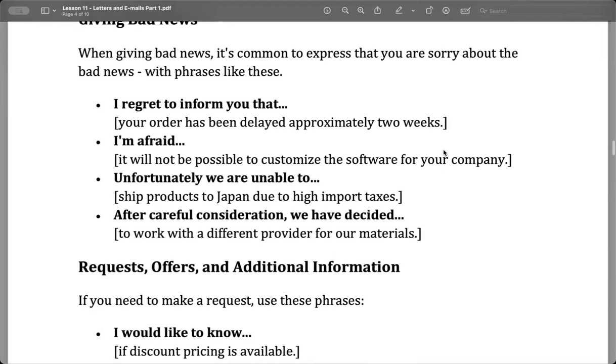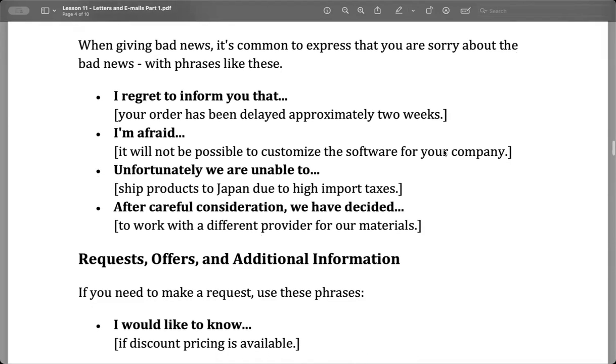Unfortunately, we are unable to ship products to Japan due to high import taxes. After careful consideration, we have decided to work with a different provider for our materials.